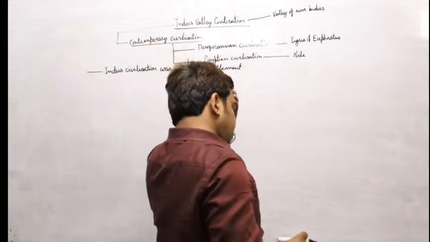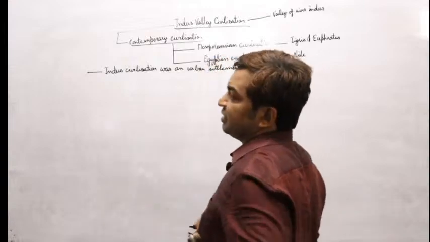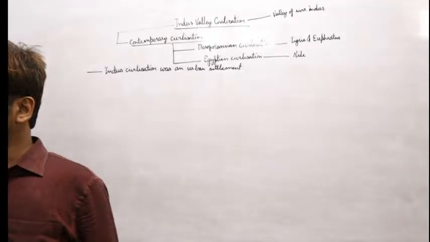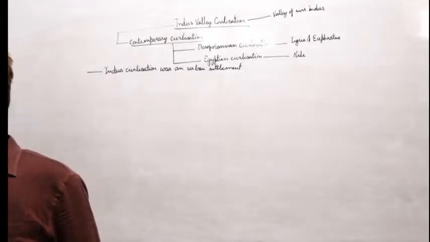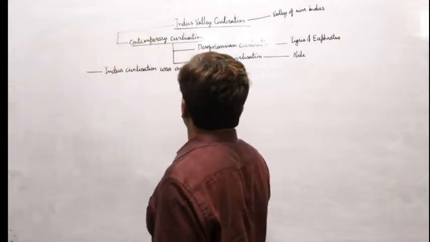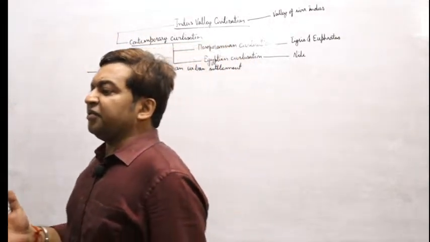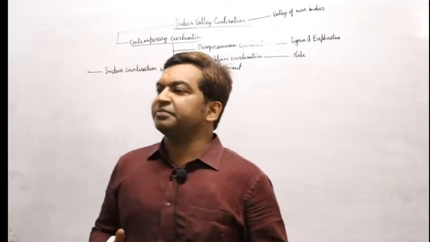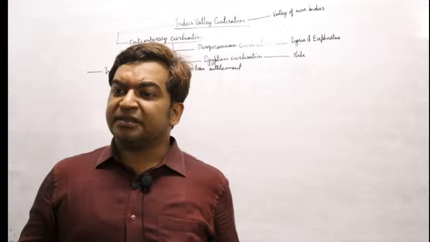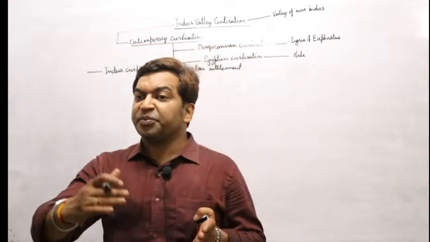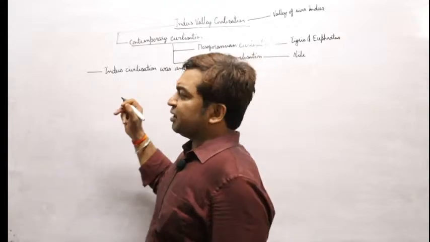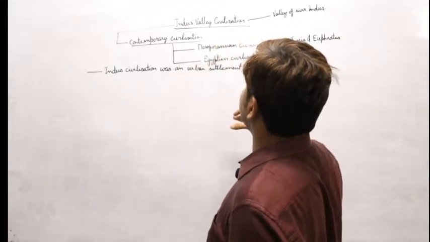Remember, we have discussed the Chalcolithic phase, and that is a pre-Harappan phase, in our previous classes. There we saw that some of the elements which were there in the pre-Harappan phase are present in the Harappan phase as well. But I just said Harappan phase.